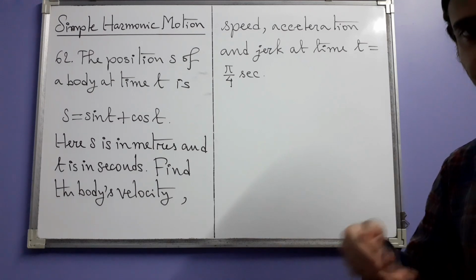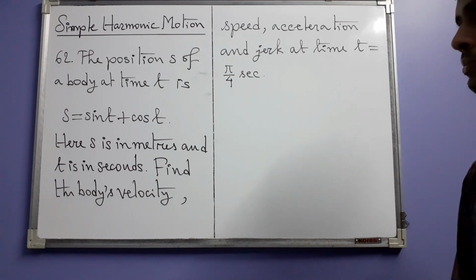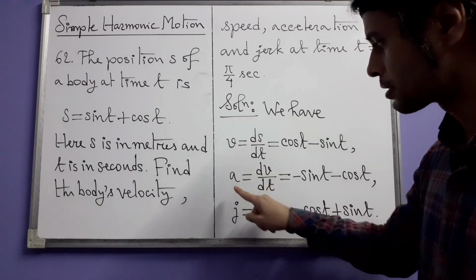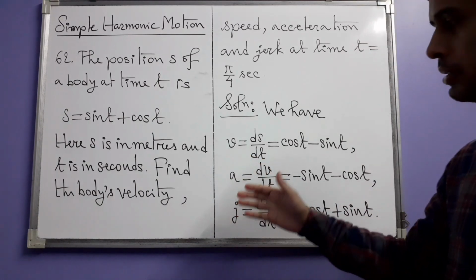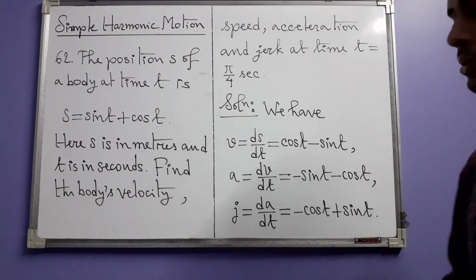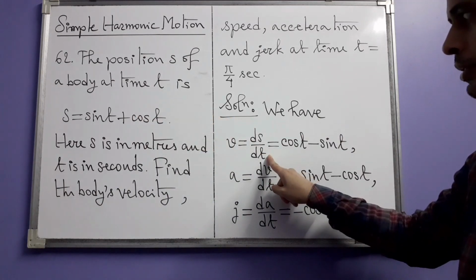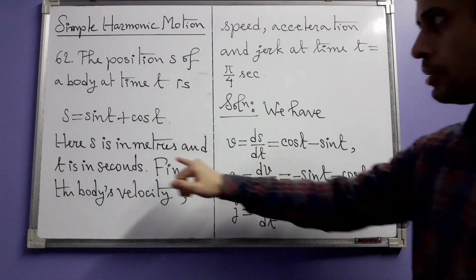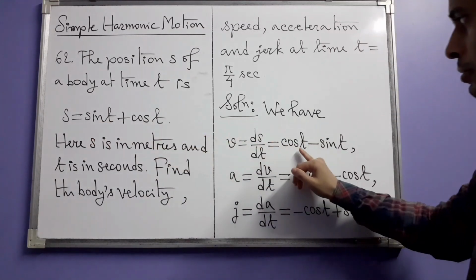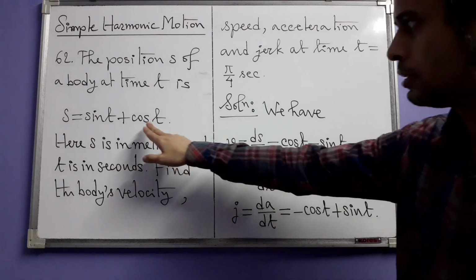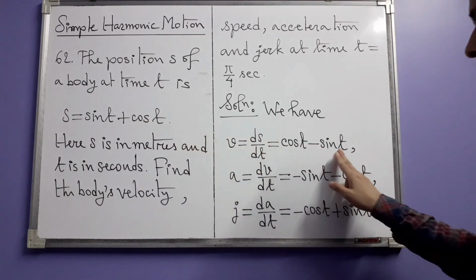We just have to differentiate again and again. So we first find velocity, acceleration and jerk by successive differentiation. First we differentiate position with respect to time, that gives us velocity. The derivative of sin t is cos t. The derivative of cos t is minus sin t.